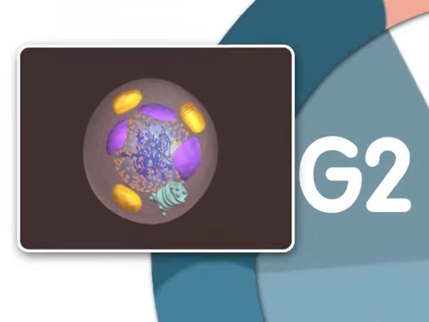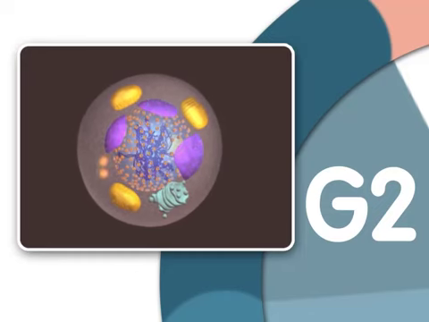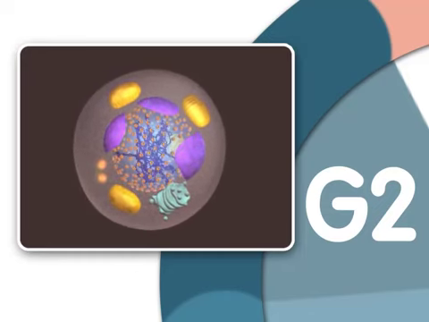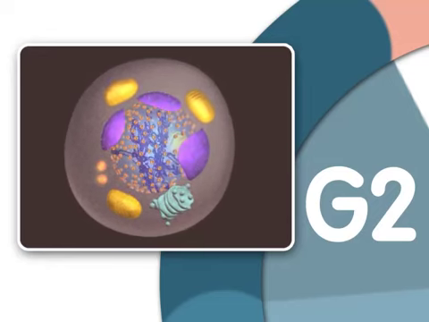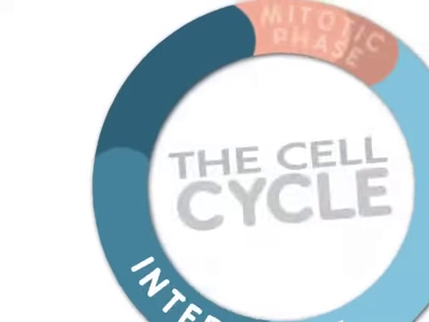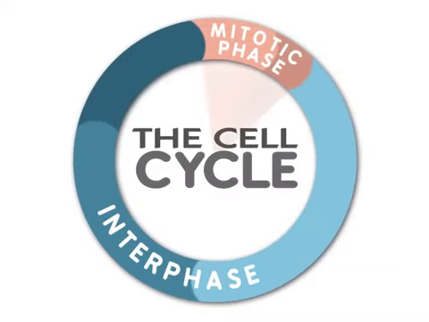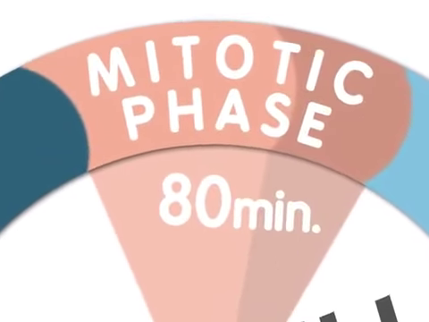The cell next enters another growth stage called G2, or GAP2. It is during G2 that the cell finishes growing. Once the cell has duplicated DNA in the nucleus and two centrosomes have appeared in the cytoplasm, mitosis can begin. For a typical eukaryotic cell, this will last about 80 minutes.